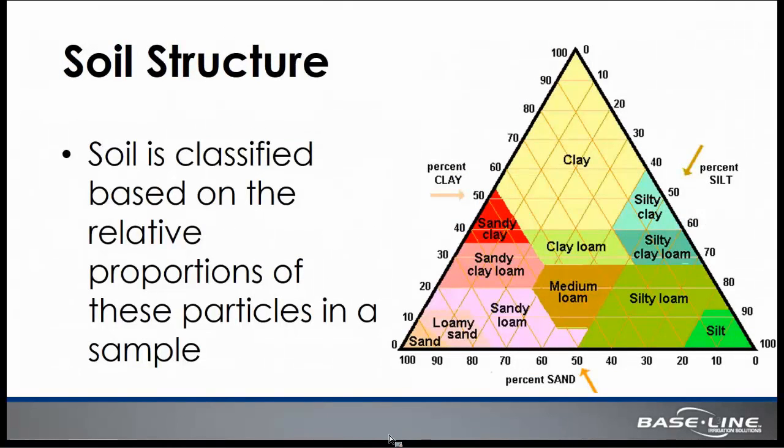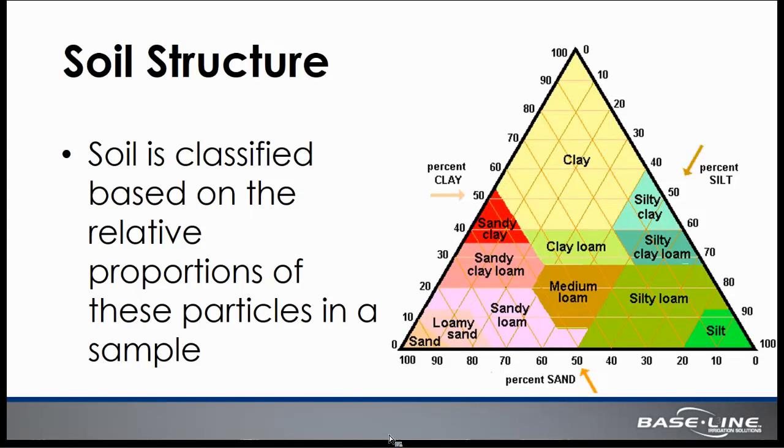If we look at soil structure as it's commonly referred to, soil is classified based on the relative proportions of the particles in a sample. We've got the textural triangle where clay, silt, and sand blended together create different soil types. Those soil types may be clay or sandy clay or clay loam.